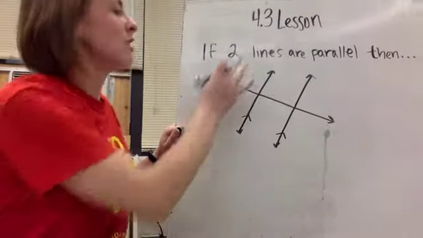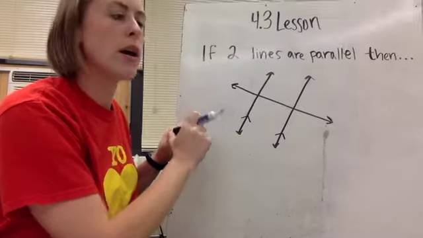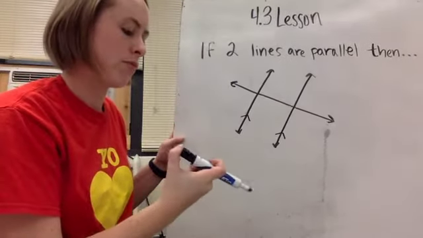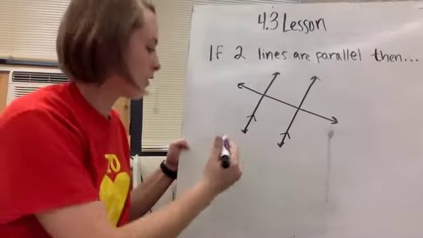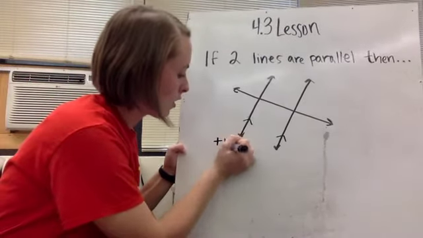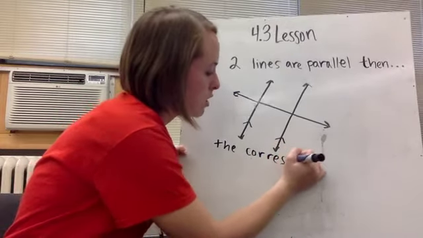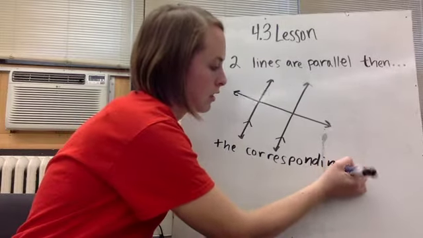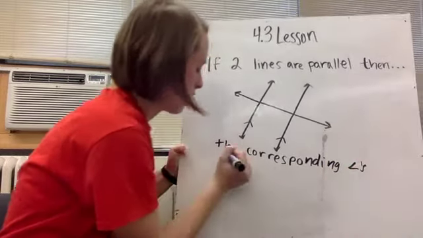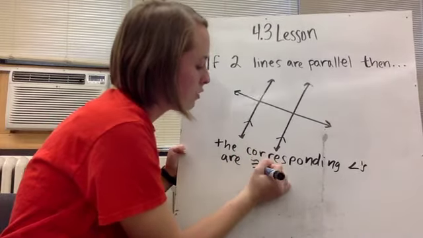Now what this rule is going to say is if the two lines are parallel, then the corresponding angles are congruent, meaning that they're equal.